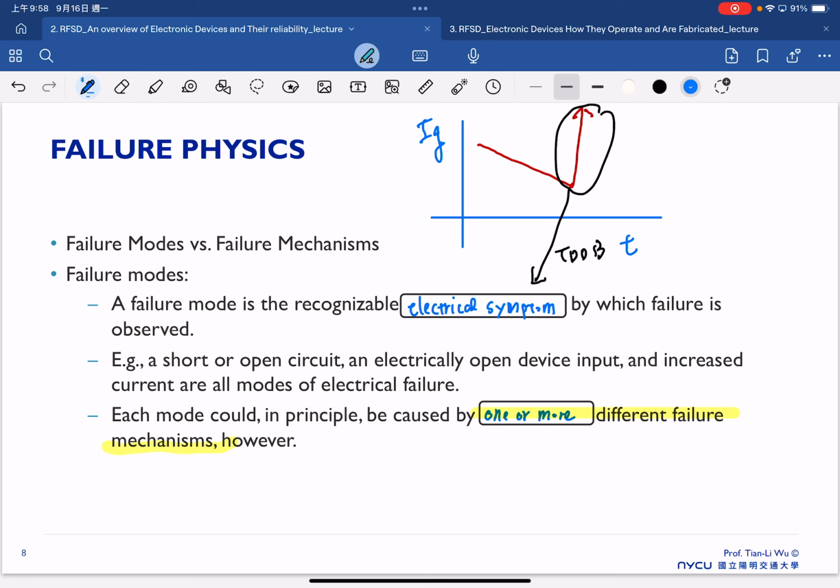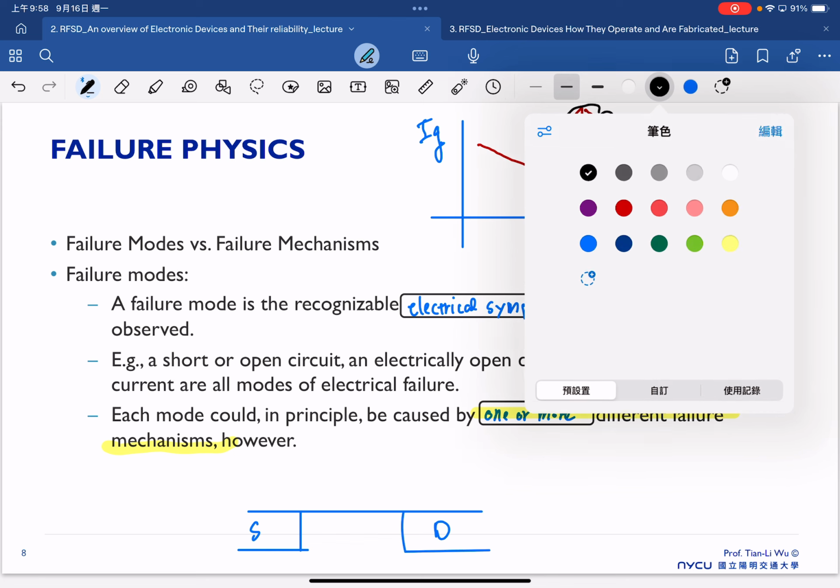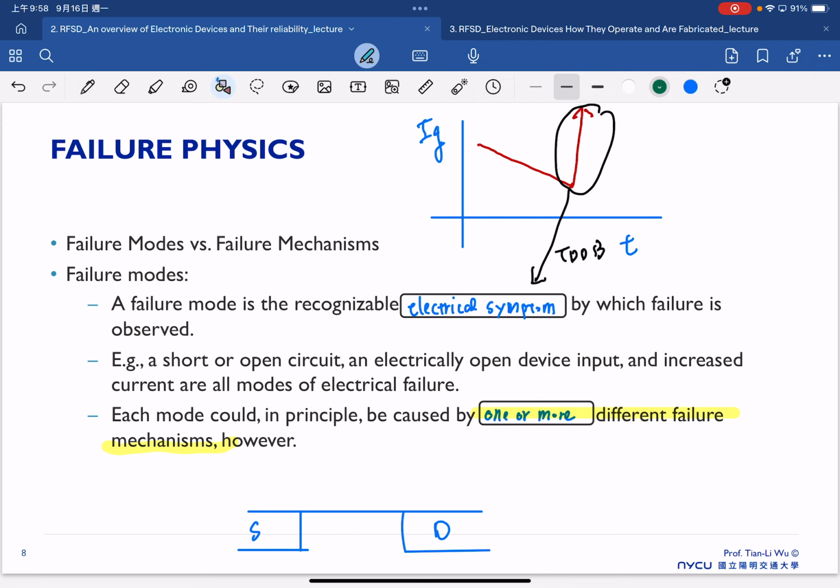We can use a simple MOSFET as one example. We have the source and drain here, and we have the dielectric, and a gate here.